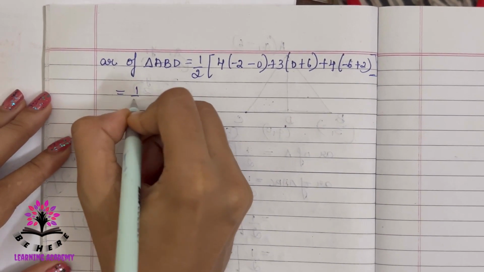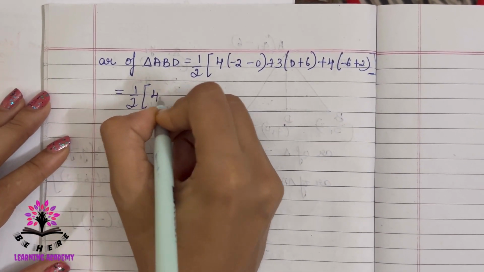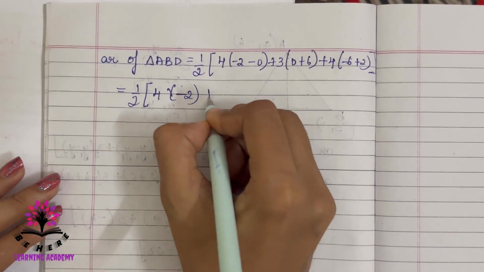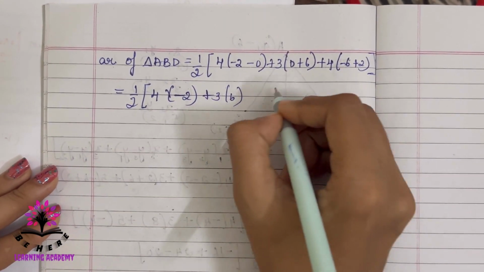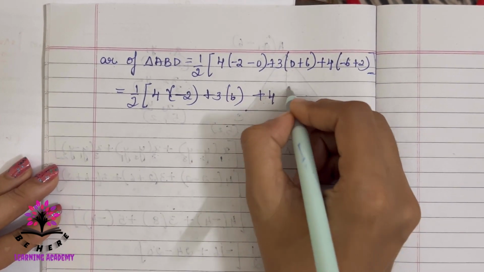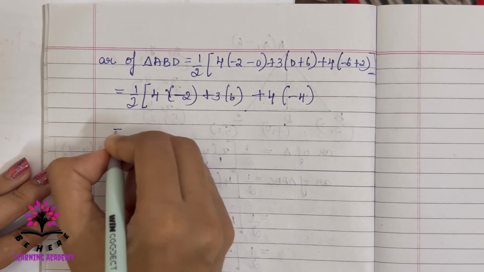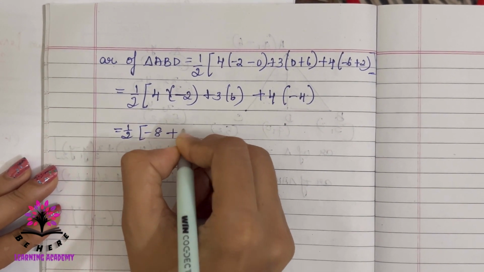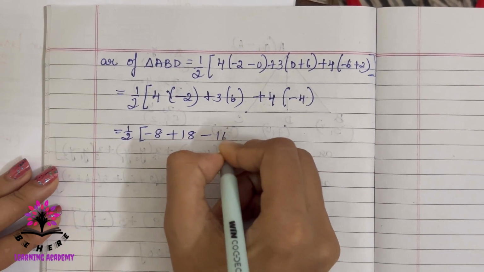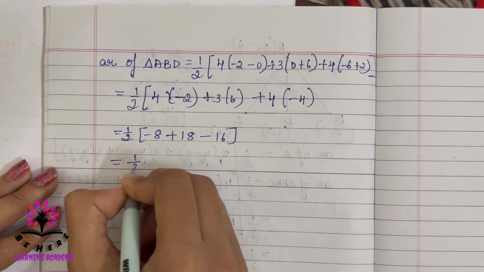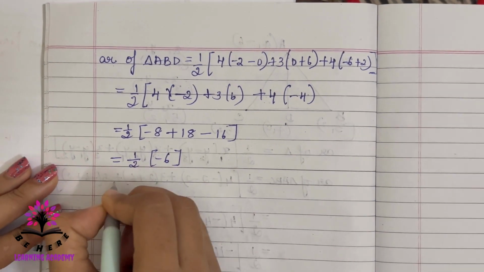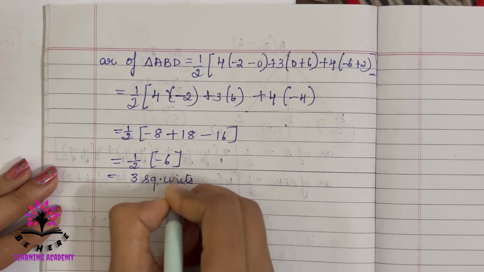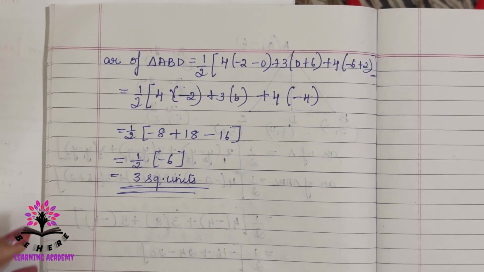So I'll substitute half, 4 multiplied by minus 2 plus 3 into 6 plus 4 into minus 4. So that will be equal to half, minus 8 plus 18 minus 16. So that is nothing but minus 6. So half into minus 6 will be 3 square units. I'm considering positive value because this is the area of the triangle.